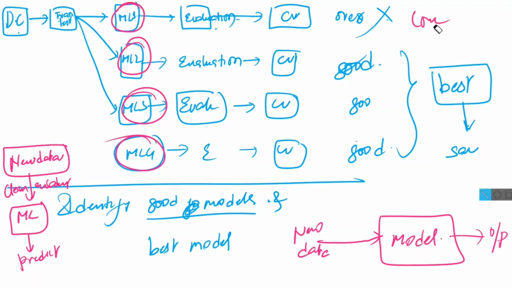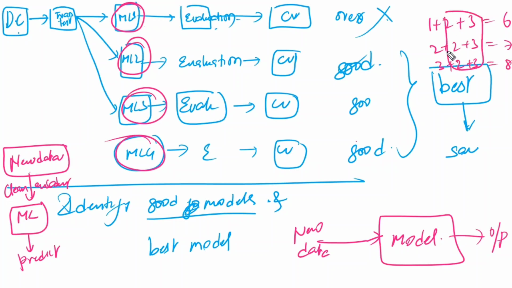Let us take an example. 1 plus 2 plus 3 is equal to 6. 2 plus 2 plus 3 is equal to 7. 3 plus 2 plus 3 is equal to 8. Since the remaining two parameters are constant, as this value increases, I can predict how the result is increasing or decreasing.